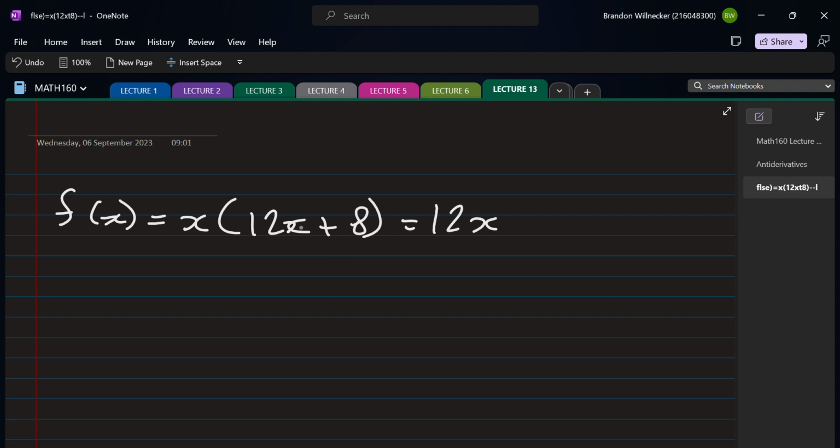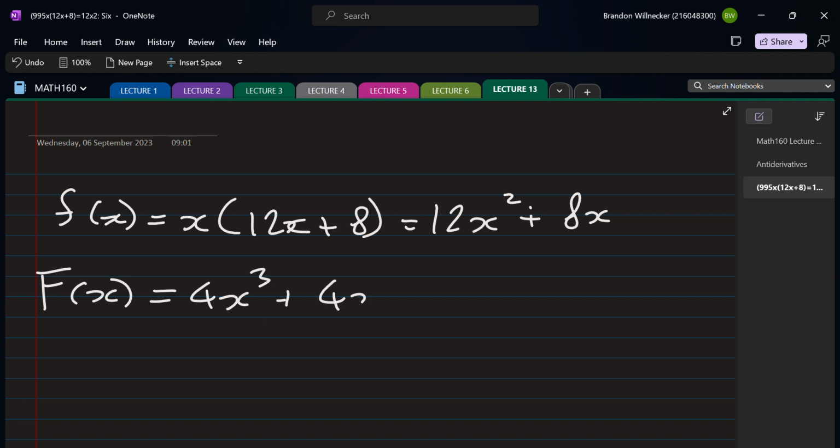So here we have 12x squared plus 8x. Now we can look at it term by term and find the antiderivative. So even though this first part looked a bit difficult, if you just multiply it out, you get something that's easy enough to do. So in this case, capital F of x, for the notation that we're using, is going to be 4x cubed plus 4x squared plus c.